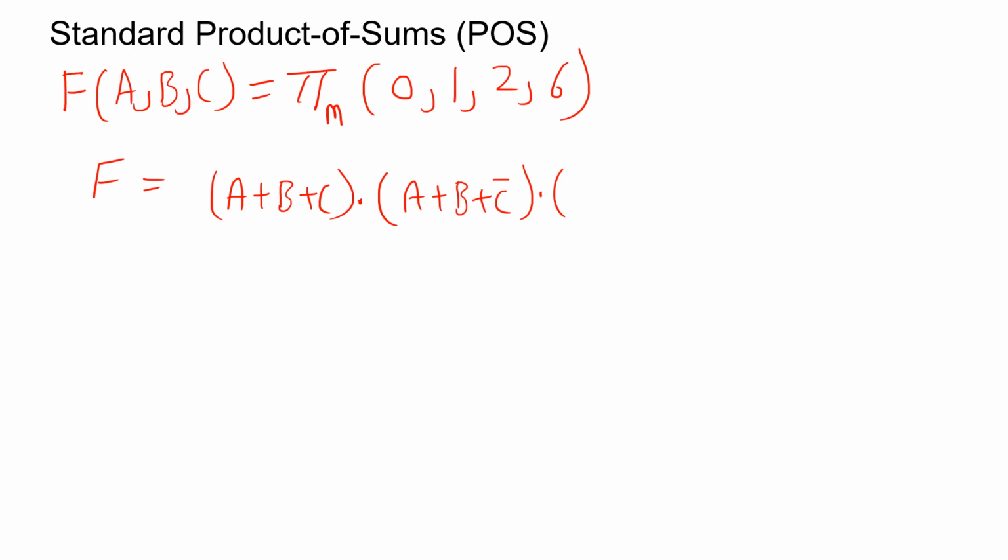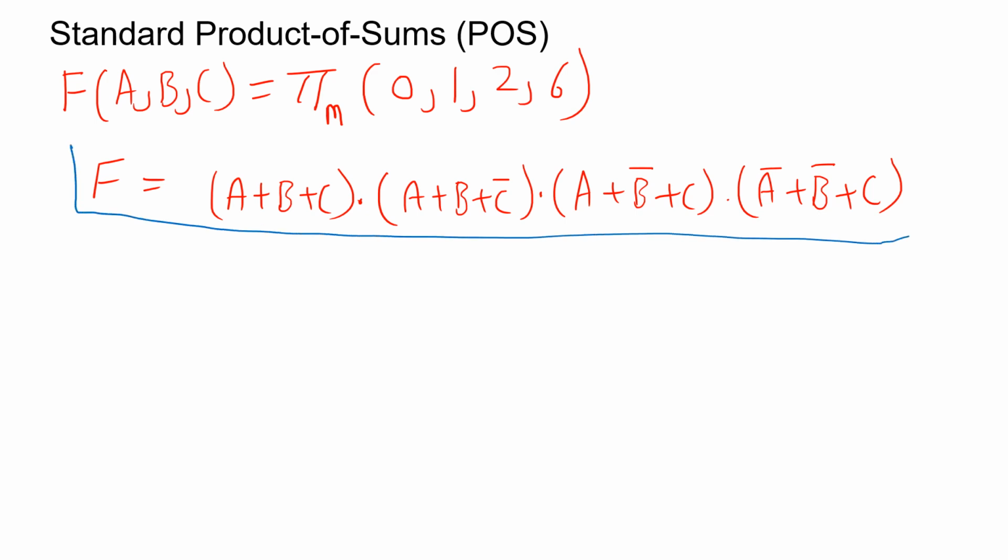What about 2? It will be A plus B bar plus C. And what about 6? Yes, A bar plus B bar plus C, right? Now what is this? This is your canonical product of max term.